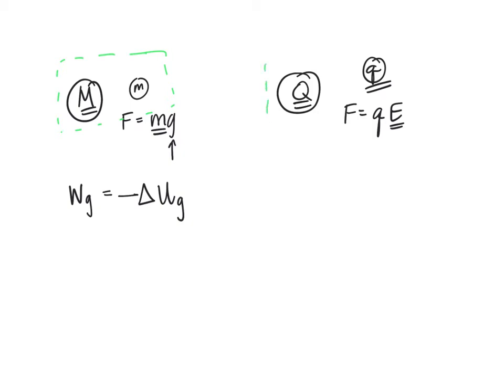The same sort of thing happens here if we consider the two charges a system. Then the work done by the electric field would be equal to the negative change in the stored energy of the electric field.